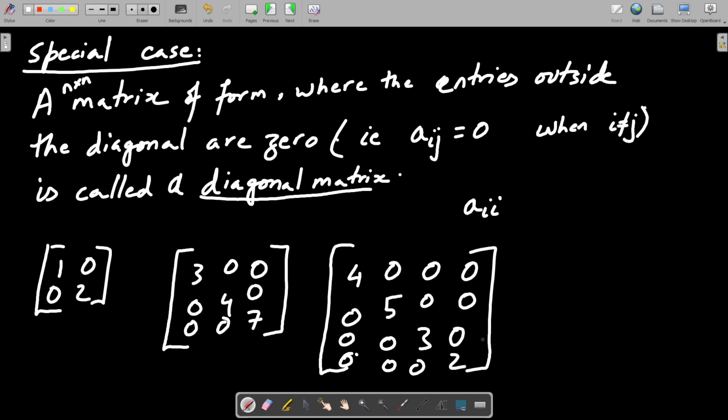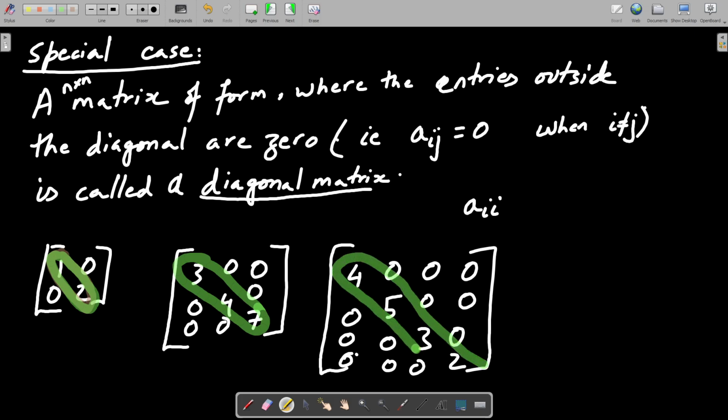Okay, so these are called diagonal matrices. Again, these entries are on the diagonal of the matrix. See, when you have a square, you have a diagonal of a square, right? So basically that's what is happening here. These entries are actually lying on the diagonal of the square, so that's why they're called diagonal entries. And what are the subscripts of these entries?